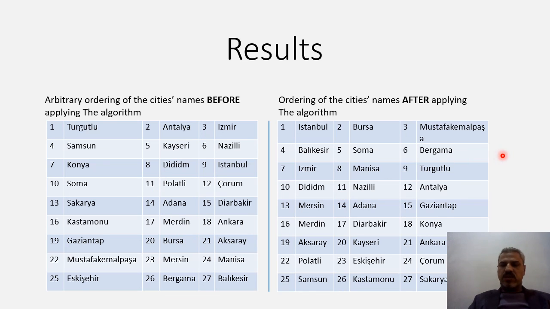On the right is a table of the cities' names after completing the project and running the code. Now we've got a route that begins with Istanbul and ends with Sakarya. These are all the cities in this project.